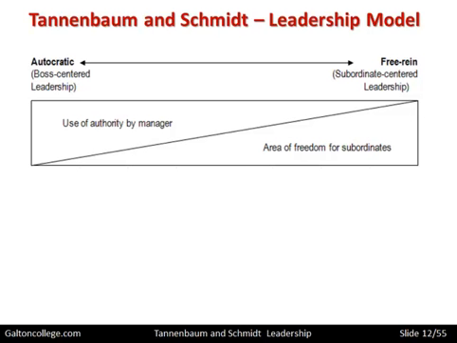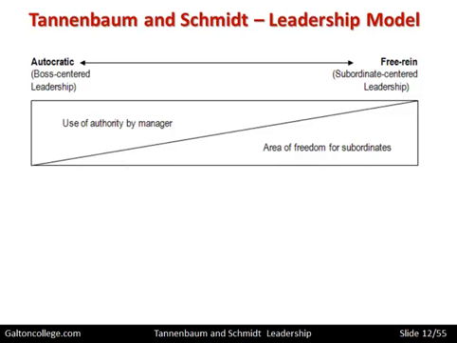So we can envisage this spectrum, as I said. If we look at the hypotenuse on this little triangle, or the diagonal, or whatever you want to call it, we can see that as we move from left to right, the authority of the employees becomes larger. The employees, the free rein end, becomes more significant. As we move from right to left, the autocratic becomes all important.